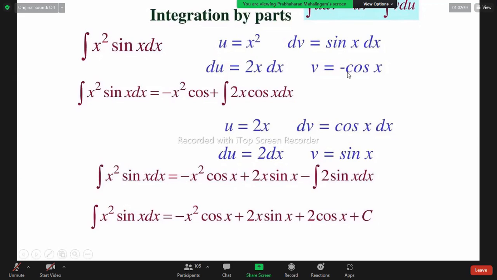Then from sin x, we find v by integration. This is a subfunction, and this is a main function. Subfunction to main function by integration.